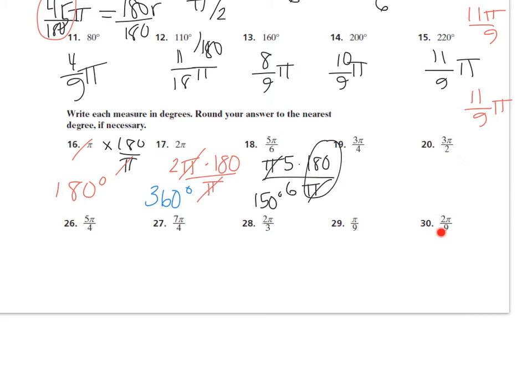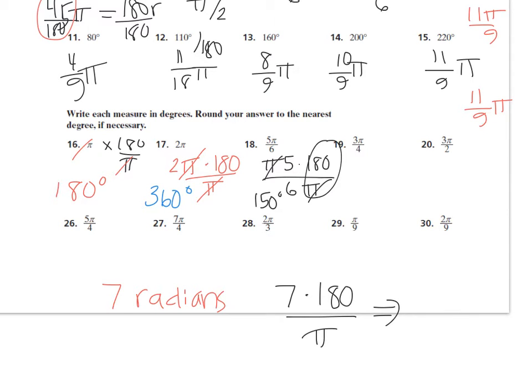Sometimes you have questions that ask you to write something without a pi, it's just 7 radians. So you're still going to do the same thing. If you have 7 radians and you want to convert it to degrees, you do 7 times 180 and divide it by pi. That's going to give you your number of degrees.